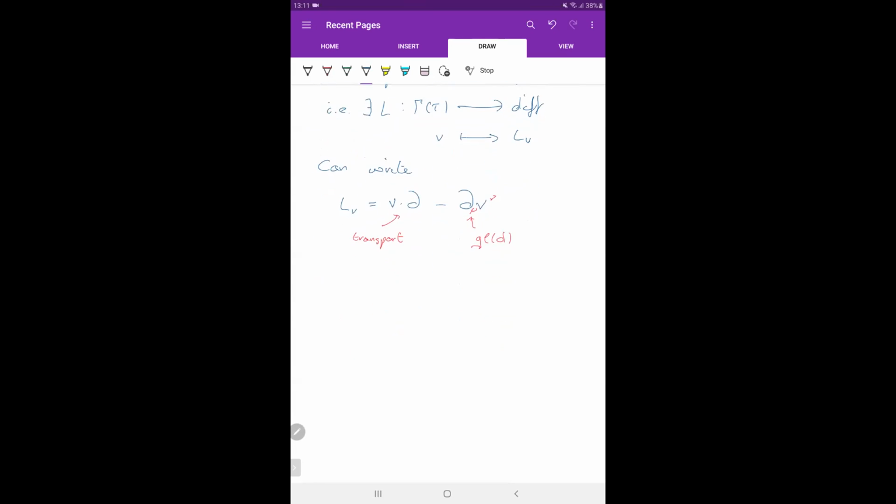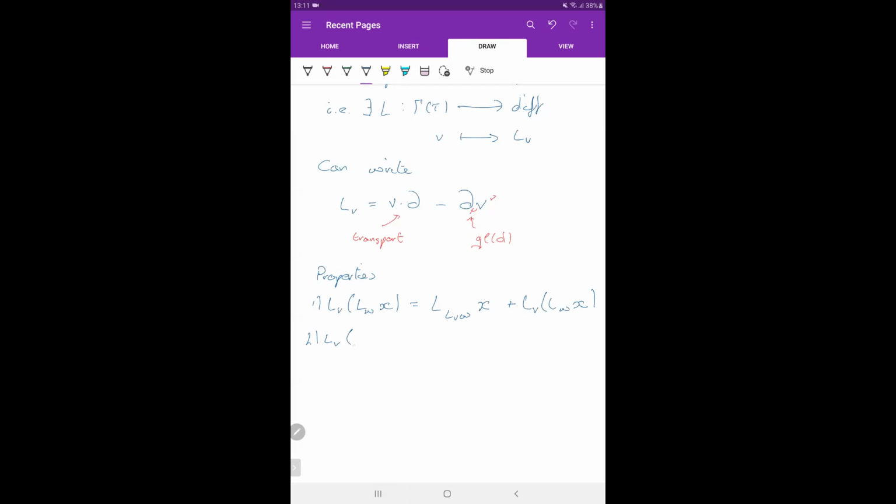Now we know that the Lie derivative satisfies a certain set of properties. So what properties does it have? Well, the first one is that it acts as a differential on itself. This is going to be written slightly differently to the way you normally see it. And two, it acts as a differential on functions.